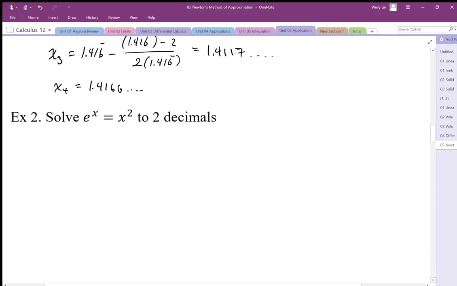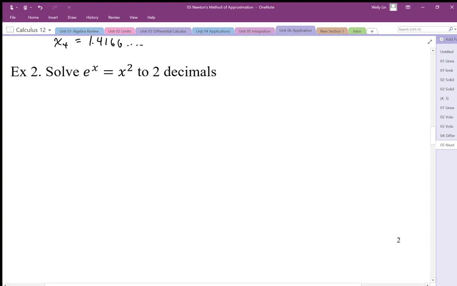So we'll do this one here. We'll do it again. So we're going to set this up so that we make it equal to 0, because Newton's method is basically allowing us to get to 0. So there's my equation. I'm going to write it as a y equals. My y prime value works out to be e to the x minus 2x.